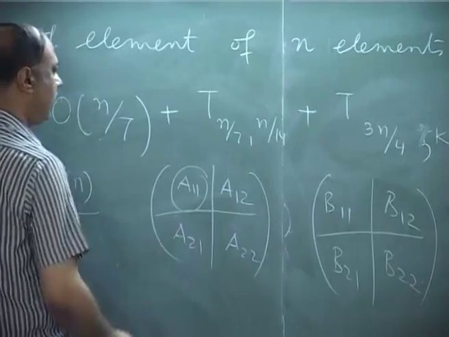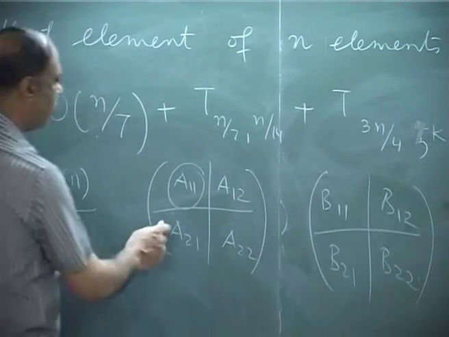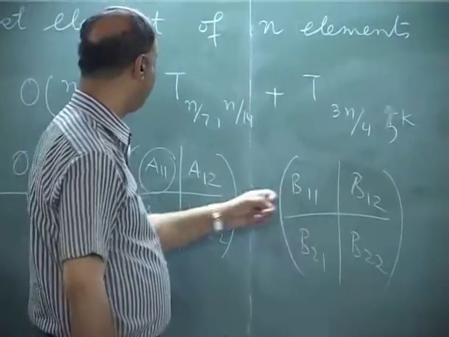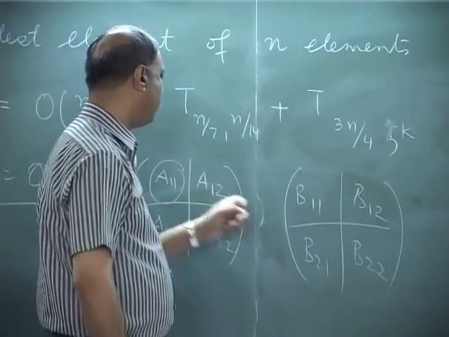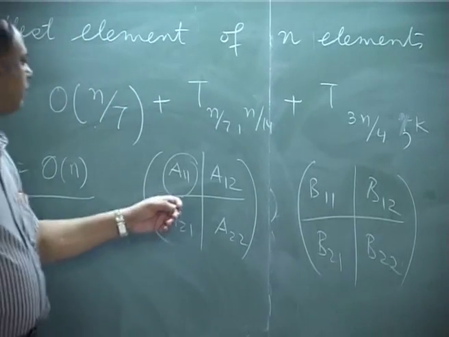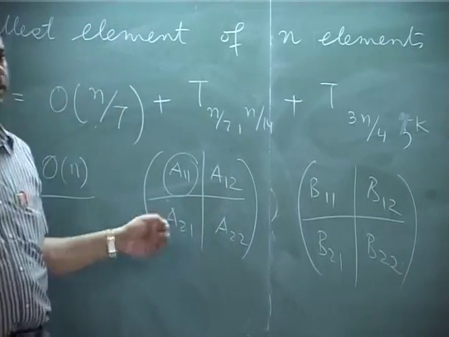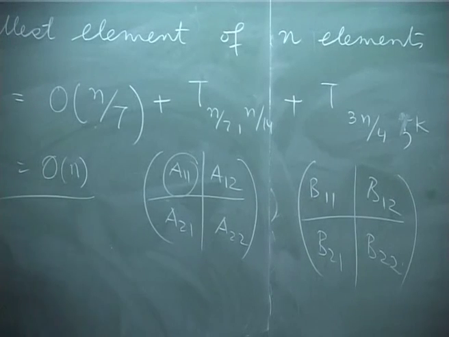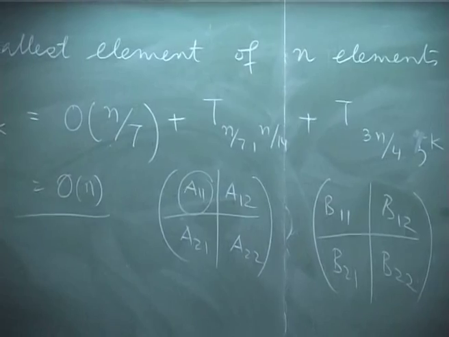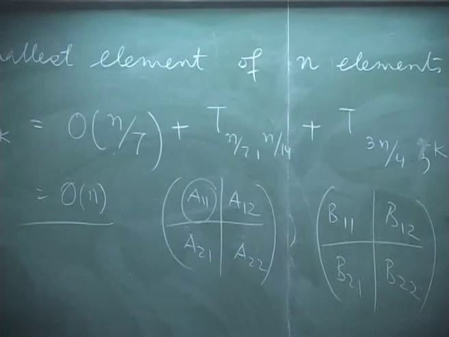Then C11 can be computed as A11 dot B11 plus A12 into B21. Similarly, you can compute C12, C21 and C22. So this can be done recursively using the divide and conquer strategy, which you can try at home.